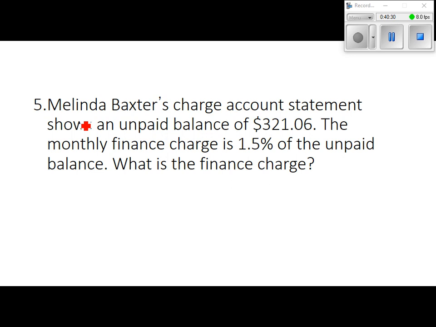Linda Baxter's charge account statement shows an unpaid balance of $321.06. Get your calculator so you can help me so we can get this done real quick. Monthly finance charge is 1.5%. So they've already done the monthly finance charge for you.